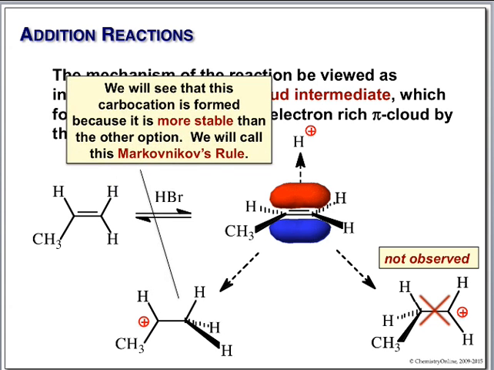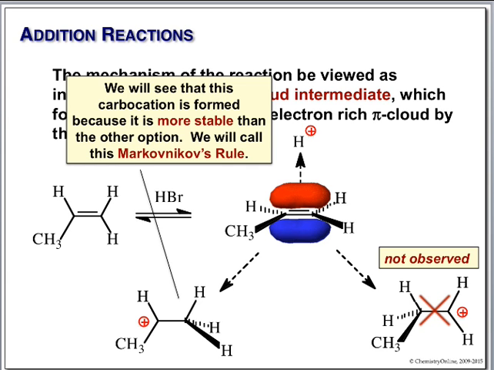This is a more stable carbocation, more stable than the primary. In the next chapter, we'll talk about carbocation stability a lot and explain why this happens. But the fact that the secondary carbocation is more stable than the primary drives this reaction this way. And our only product is derived from this carbocation intermediate.